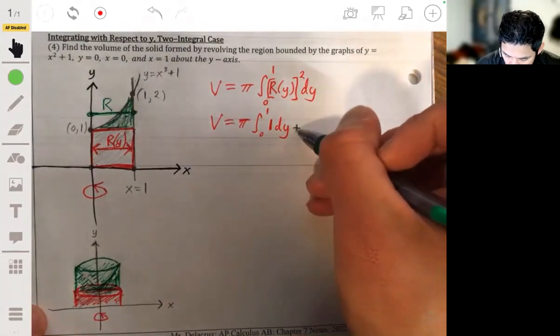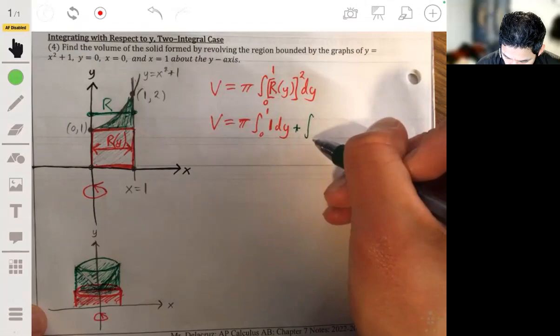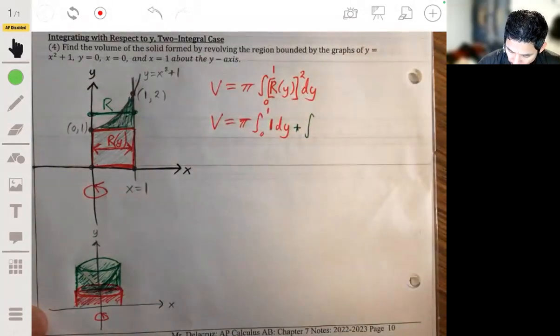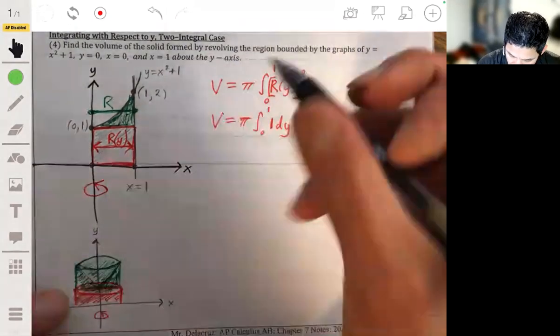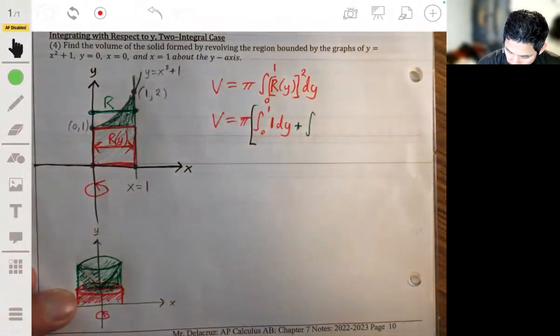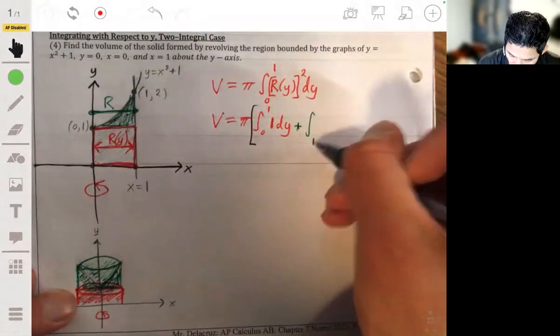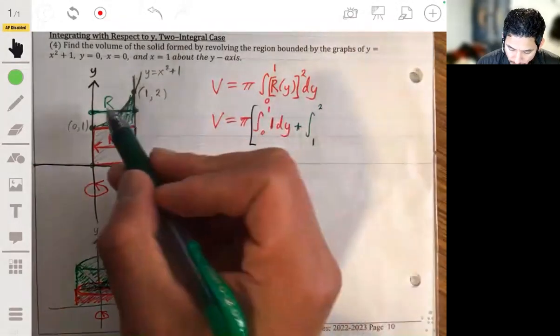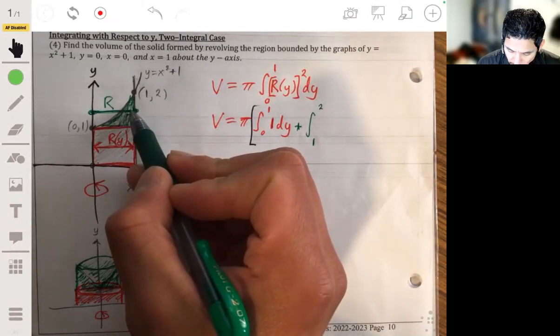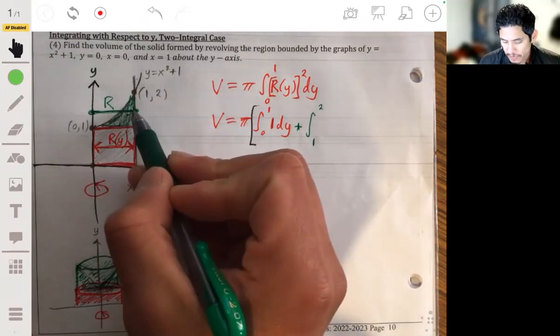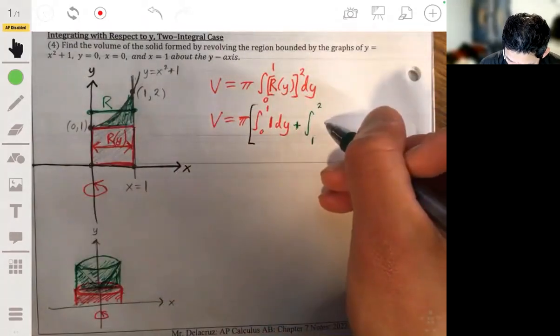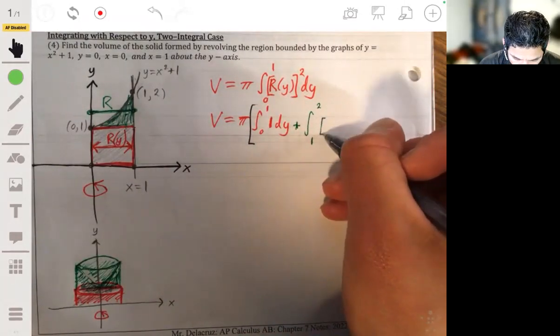So this plus the integral, and pi will be multiplied by everything. So this, we're going from 1 to 2. The outer radius, R of y, in this part will just be 1. It's always 1 away.